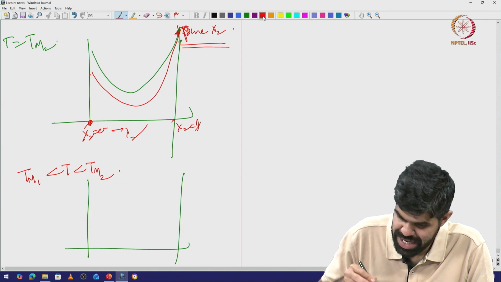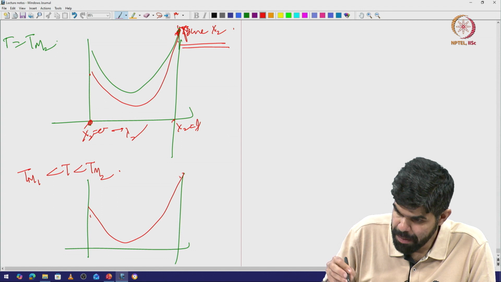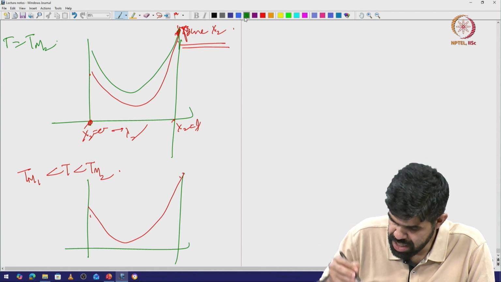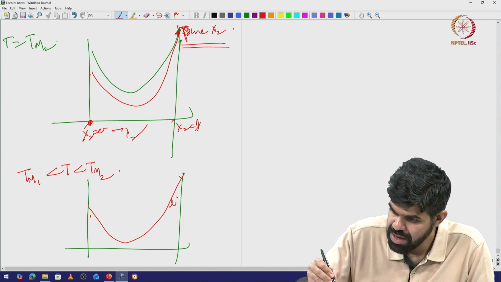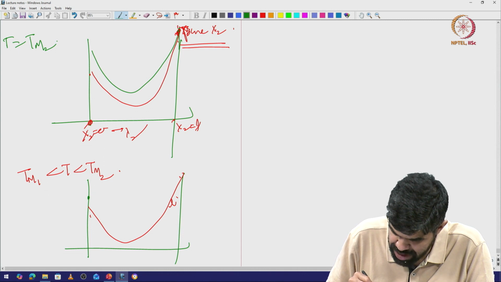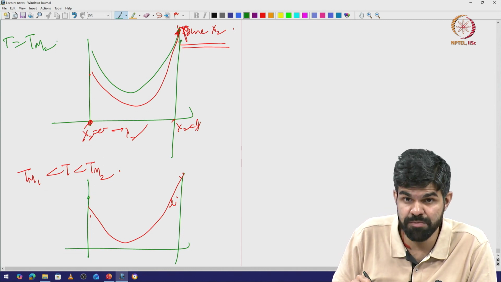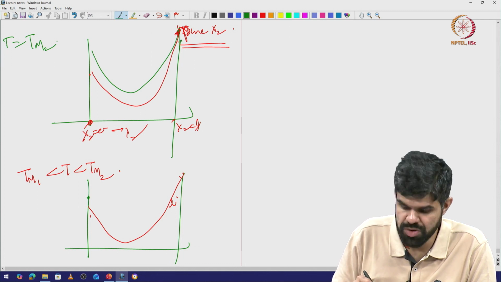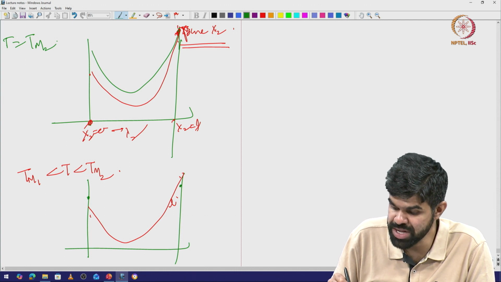So, this is solid, but now you see, this is liquid, but now the solid, okay. So, here I am still not at platinum melting point, so I am still above the platinum melting point. So, liquid is going to win here, right, but I am below the palladium melting point. So, solid is going to win here.